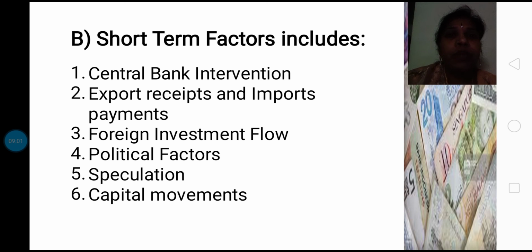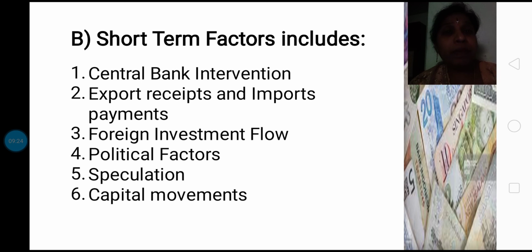The fourth one is political factors. Very important, though it will not have too much impact, but still it will impact the exchange rate. It could be during a war, announcement of election results, or suddenly the oil prices, if oil prices increase in that particular country, it will have an impact on the exchange rate.